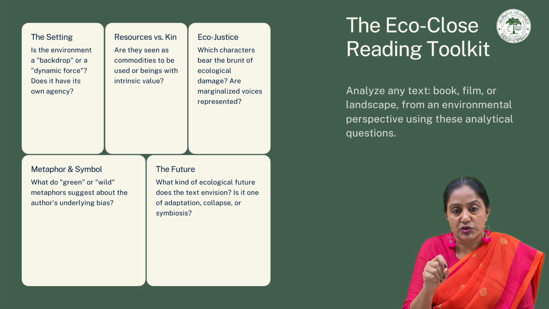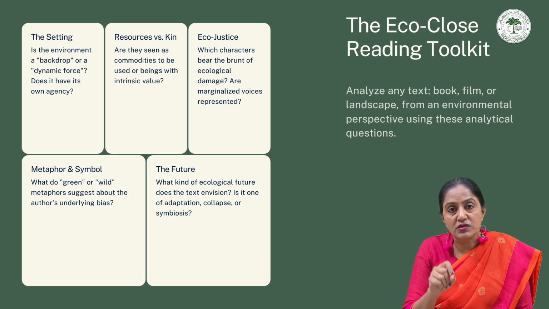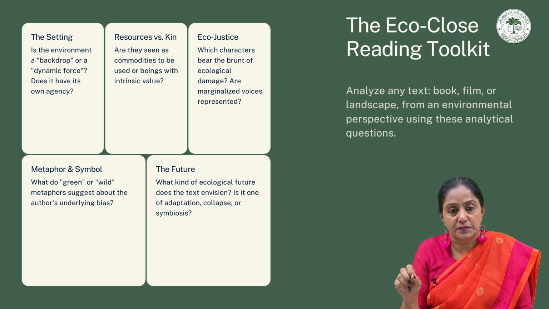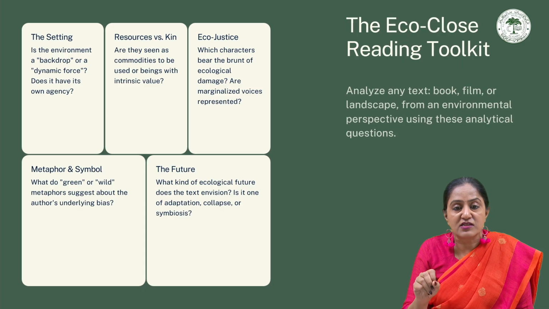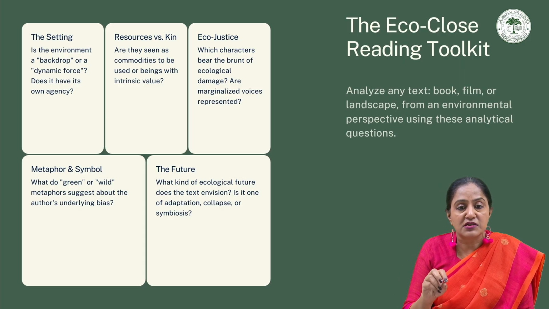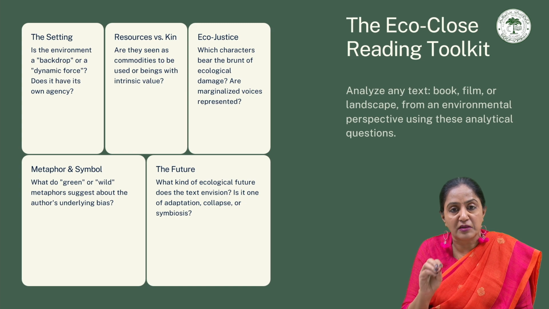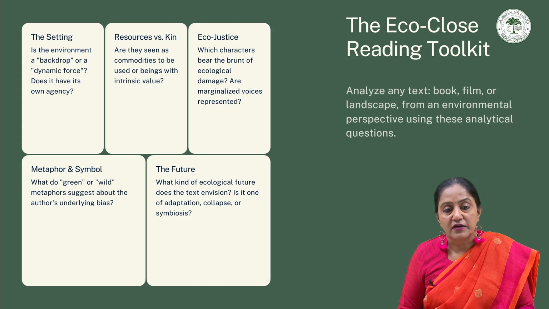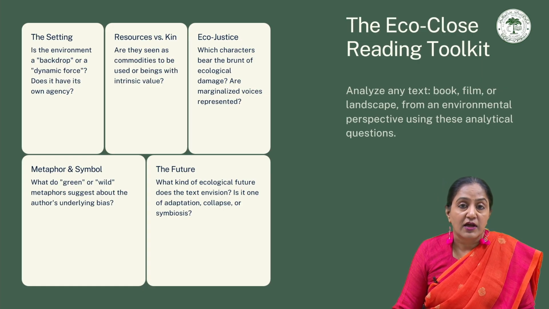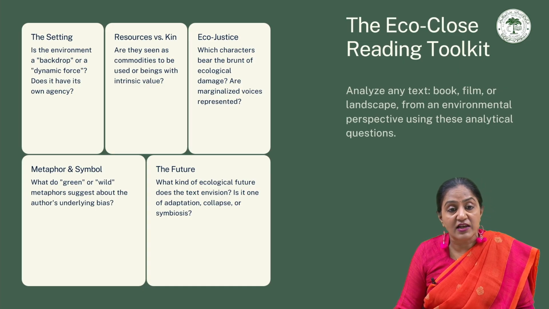The second question concerns resources versus kinship. How does the text portray non-human beings? Are forests represented merely as timber, as wood? Are animals represented merely as commodities? Or are they represented as fellow beings with intrinsic value?